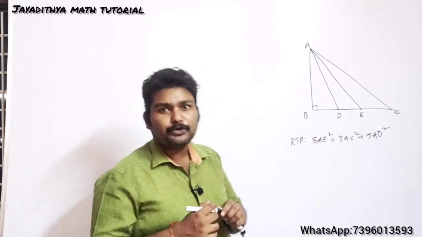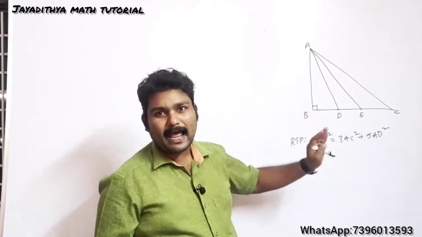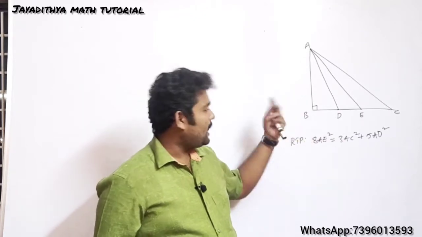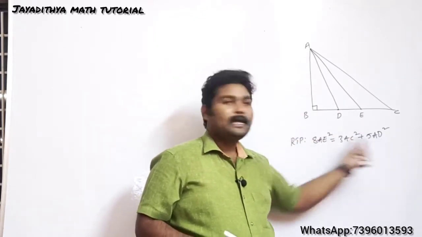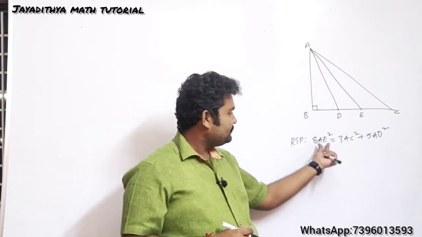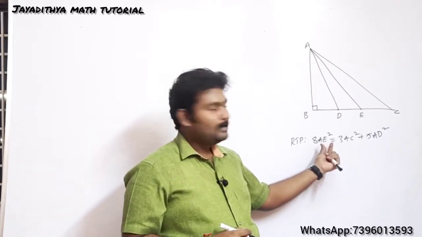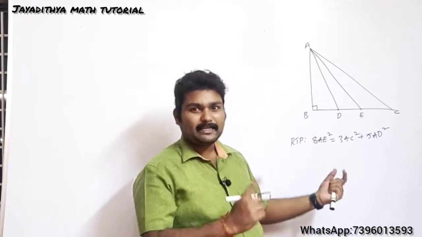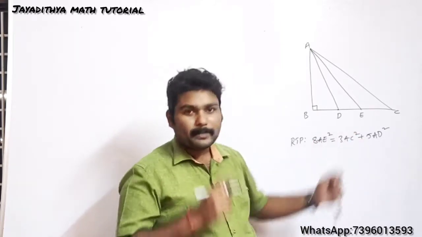So here you need to take 3 different right angled triangles, apply Pythagoras theorem, and find AE square, AC square, AD square. After doing AE square, you will get a hint. By using that hint, you should try to solve the complete problem.